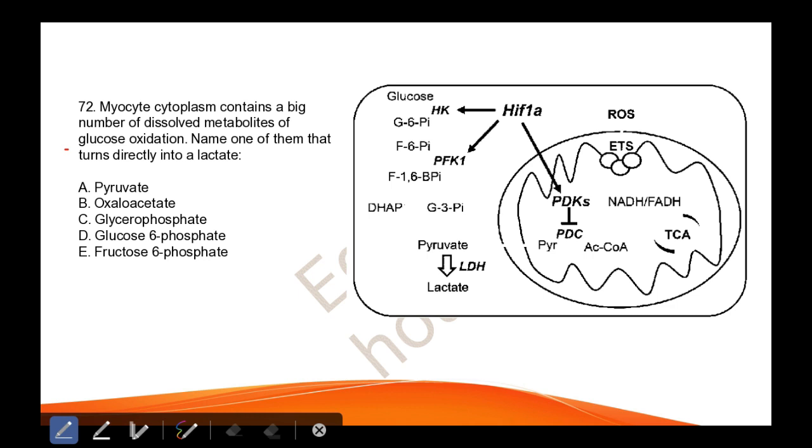In this question, we are having a glucose oxidation impairment process because of dissolved metabolites that help in the glycolysis from glucose to pyruvate. So with an insufficient oxygen level in the myocytes, we're having pyruvate that is transformed into lactate here.